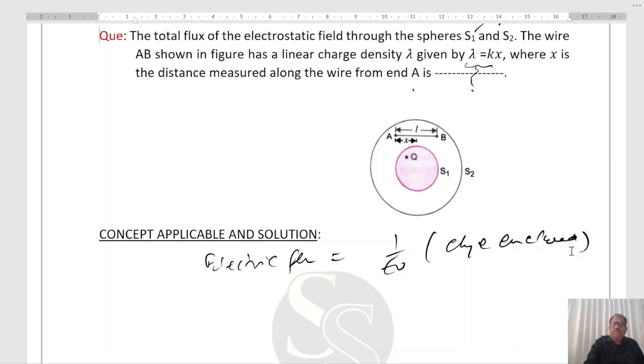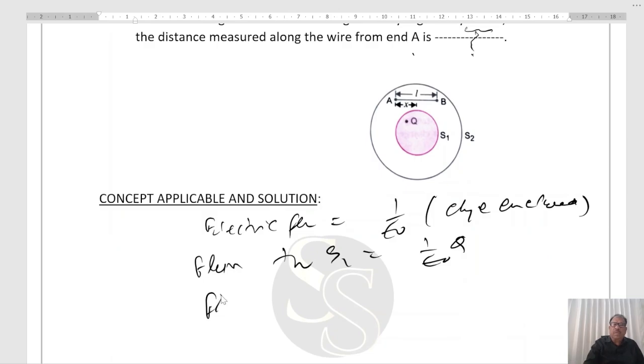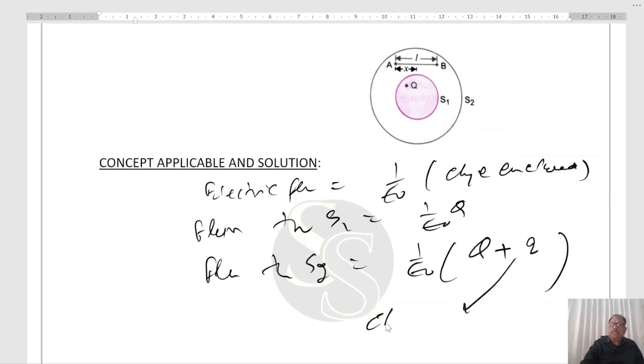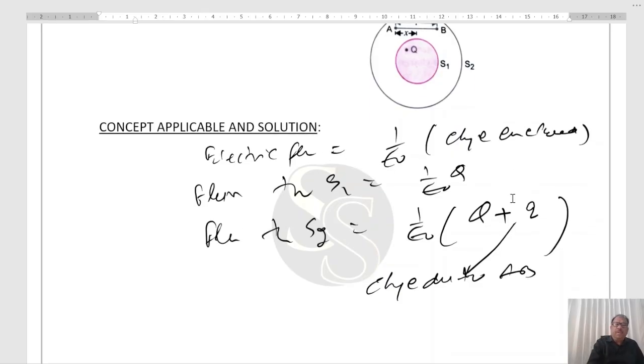So the flux through S1 will be equal to 1 over epsilon naught Q, and the flux through S2 will be equal to 1 over epsilon naught into Q plus q, where q is the charge due to AB.